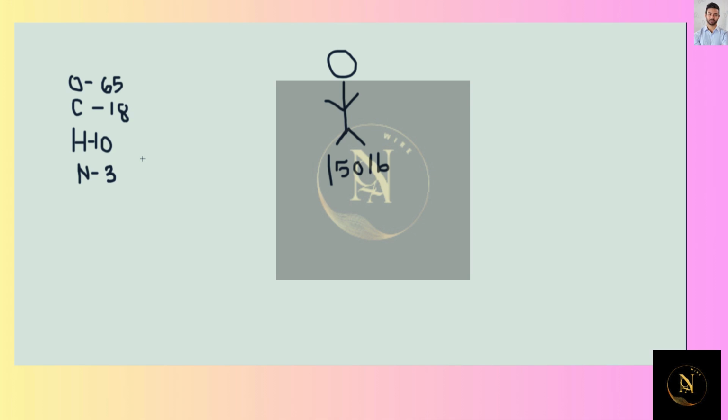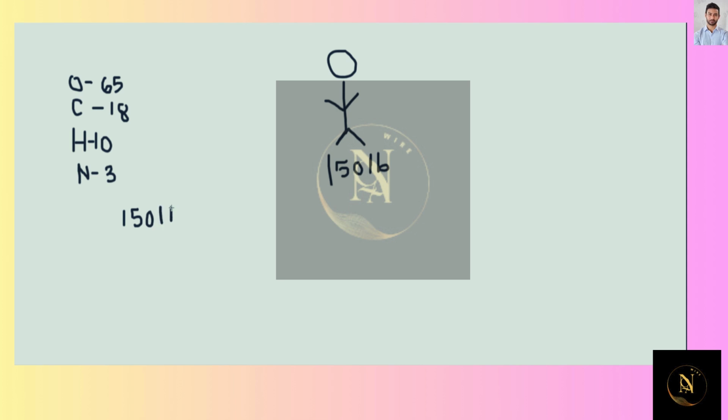From here, because this is the majority of what the molecule is made of, in order to get from pounds to the number of atoms, as the question is asking, we are going to have to convert. So 150 pounds is what we were given.